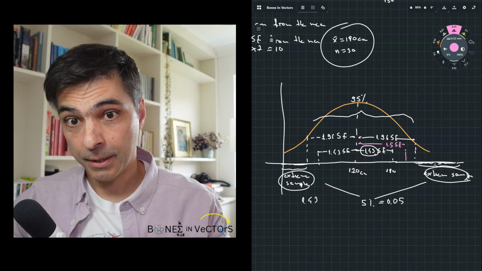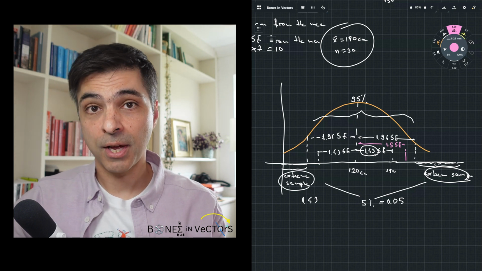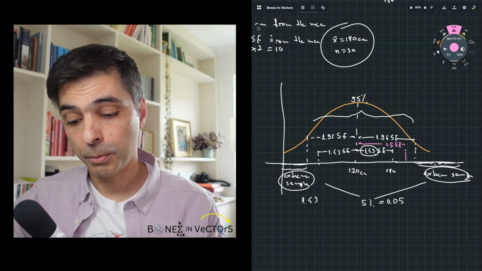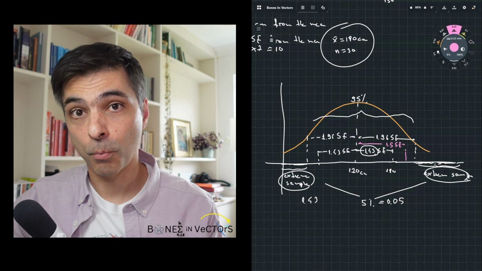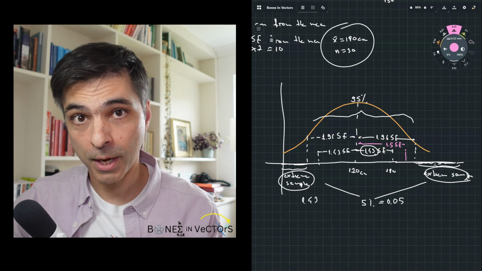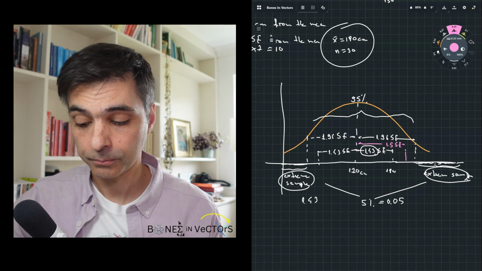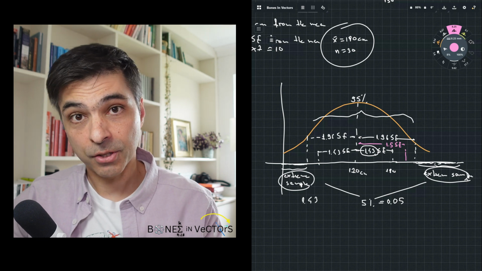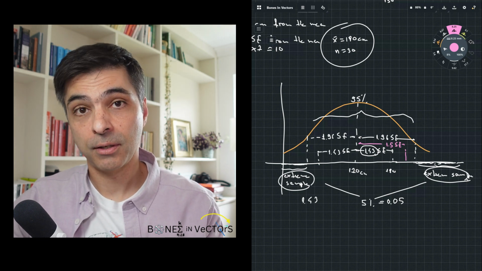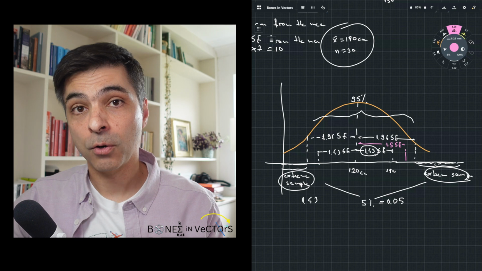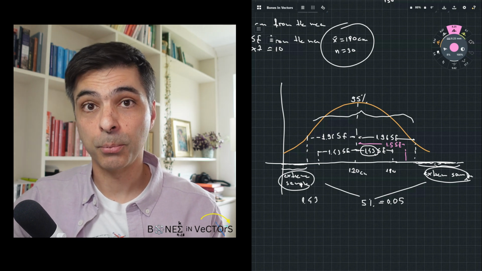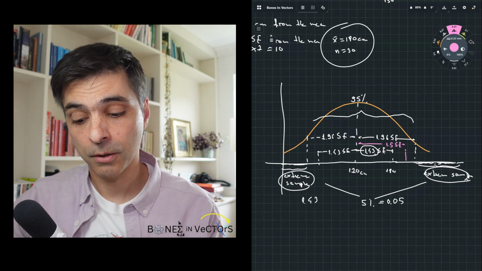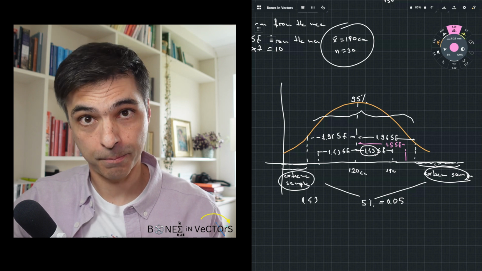That would mean that our sample mean would be further away from the mean of the population of means. The larger the test statistic, the further away our sample mean would be from the population mean.